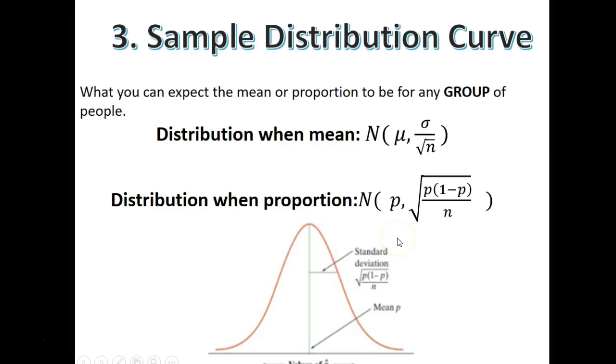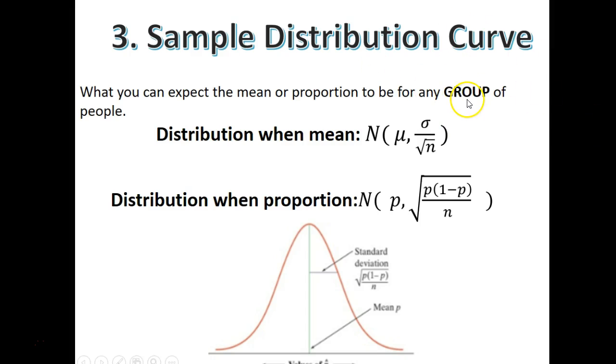A different one is the sample distribution curve. Now this is pretty different. This is what we expect from a group of people. So this phrase is really important: a group of people. This is when I'm not going to be asking about just your score. Instead, I might be saying, well, period 8 has 25 people in it, and I'm trying to predict the average score for that group of 25. So I'm trying to figure out one number that represents the group.